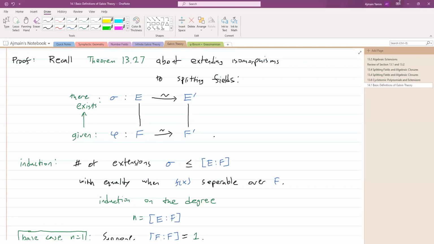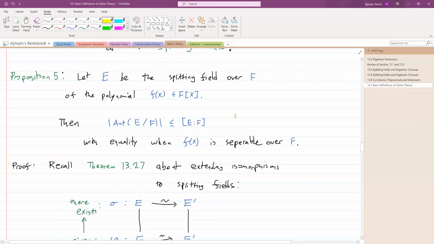What does it actually mean for f to be separable? f is separable if the roots of f are all distinct.